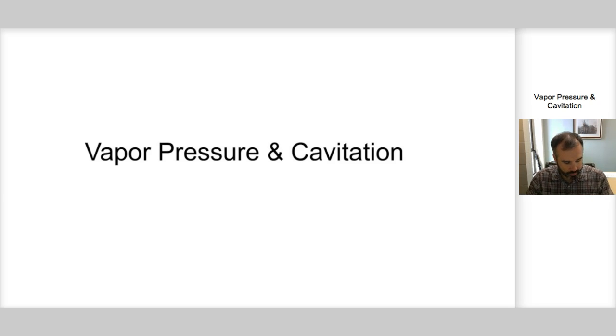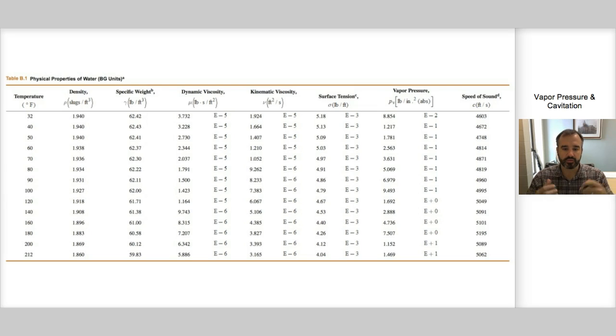So vapor pressure is a property of a fluid. If you had fluid in an enclosed vessel and pulled out all the air above it, such that it was a vacuum, eventually some of that fluid would evaporate and there would be an equilibrium pressure in that vacuum of molecules of water or whatever that fluid is.